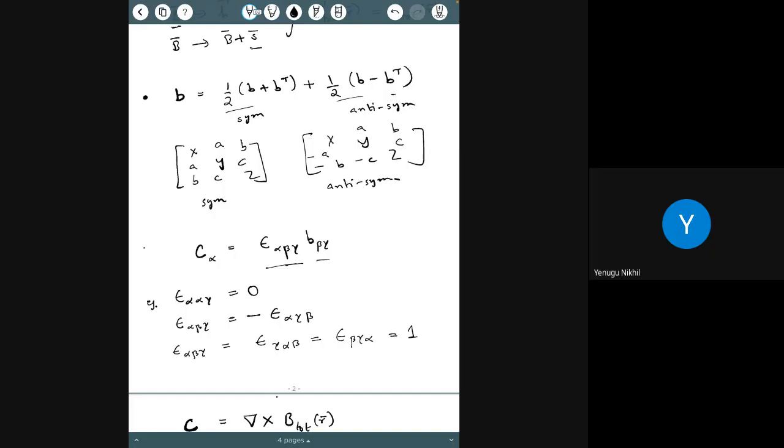So what I'm saying is that B has 2 parts. One is the symmetric part, which scales each component uniformly, and then there is the anti-symmetric part, which scales the field as if you are scaling it by a curl of the field.